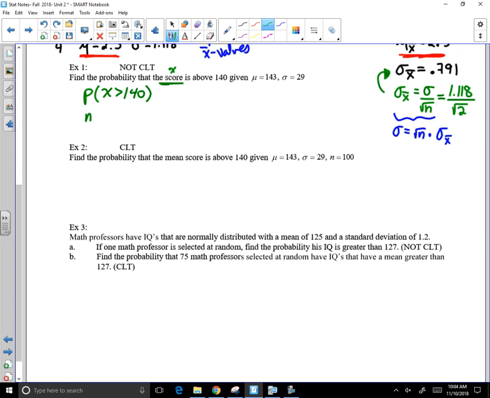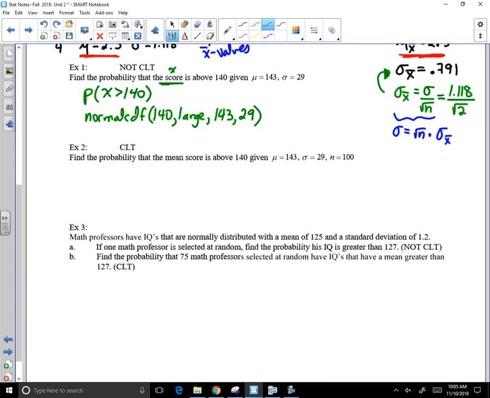So I would do a normal CDF, 140, I'd pop in something large, with a mean of 143 and a standard deviation of 29.